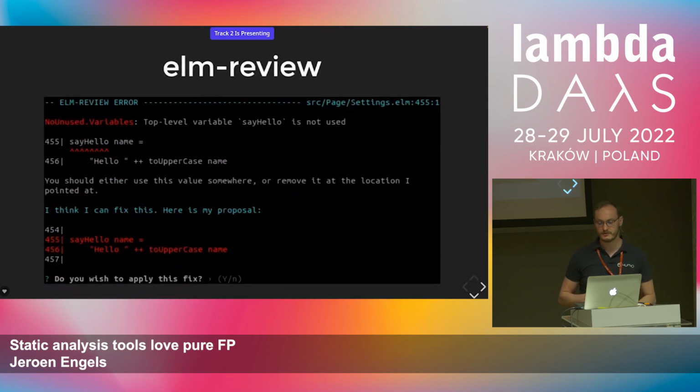The reason why I want to do this talk is because I made a tool called Elm Review, which is a linter for the Elm language. And people seem to quite like it. I'm pretty happy with it. There are multiple reasons for that. One of the reasons is because it makes quite nice error messages, nicer than just the one-liners that you see in most editors or most linters out there.